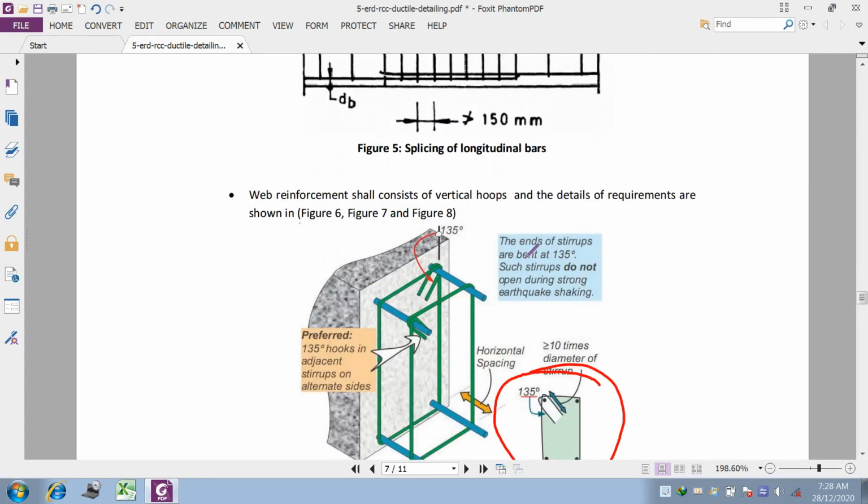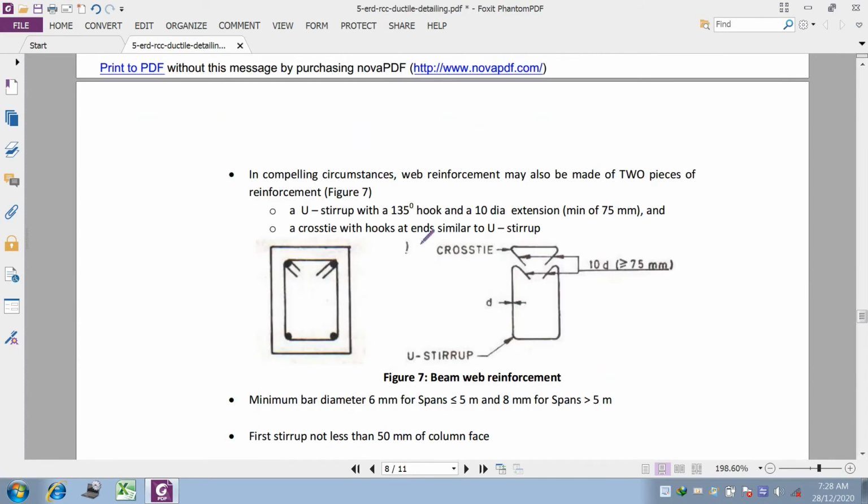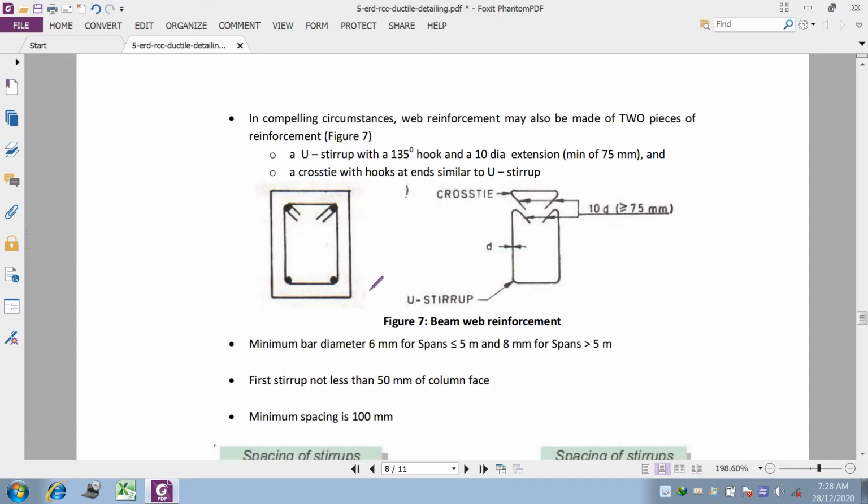In compelling circumstances, the web reinforcement may also be made up of 2 pieces of reinforcement. Here 2 pieces of reinforcement are provided. We can bind the stirrups this way, and then additional stirrups in the form of a crosstie can be provided like this.